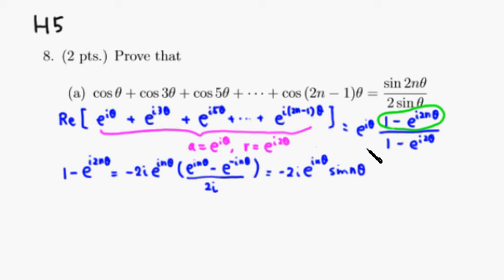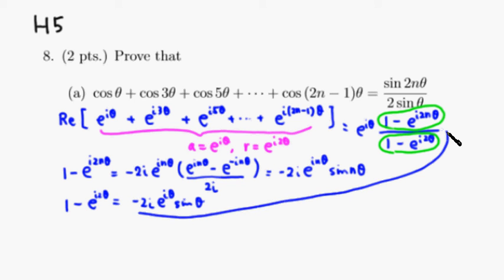Alright, so we got that. Then we're going to use that to find the expression for the denominator too. The only difference is n equals 1, so 1 minus e to the i 2 theta is going to be negative 2i e to the i theta sine of theta.